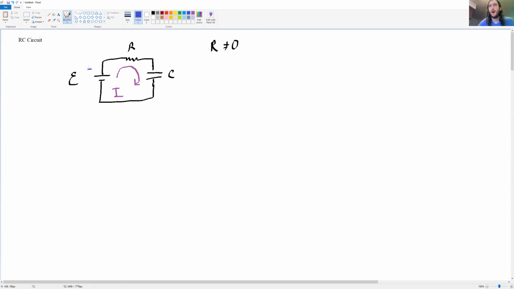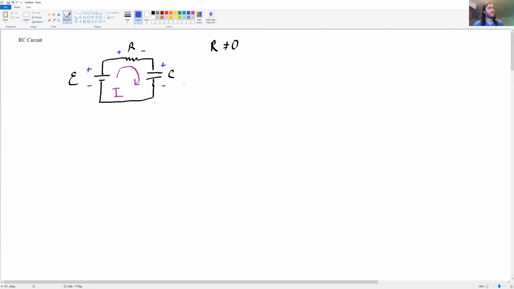Of course, the EMF source has this polarity, positive at the top, negative at the bottom. The resistor would then have polarity like this, plus minus in this fashion. And then the capacitor, same type of thing there. The top plate would be high potential, the bottom plate would be low potential. The top plate would charge up with a positive charge, and the bottom plate would charge up with a negative charge. Okay.